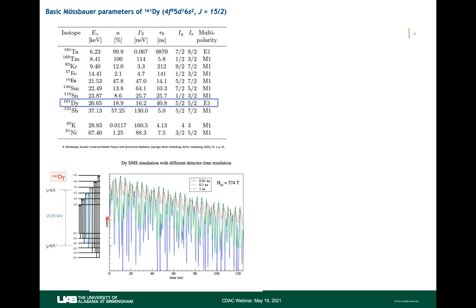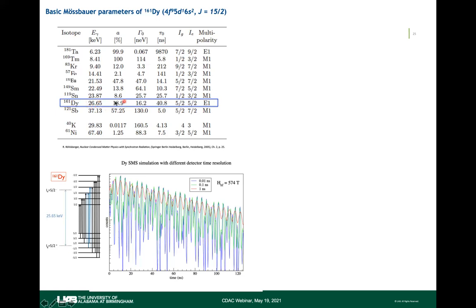Okay. So I will just switch gears and show you very briefly the application of Dysprosium-161. That's a different isotope, and this 161 has even higher energy than the europium 151, at 26.6 keV.